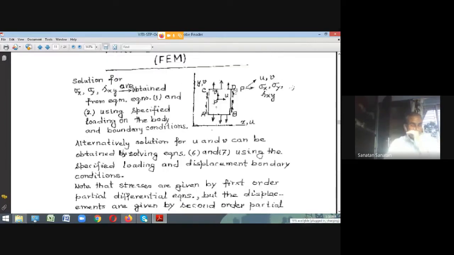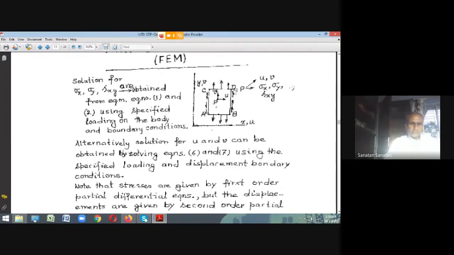Alternatively, we can say it is a problem of determining the displacements at every point of the domain subject to the specified boundary conditions, which can involve loading and fixity conditions. It can be fixed at a point, it can be loaded at some point. These are the boundary conditions. So we now concentrate on the determination of displacements at every point of the domain.